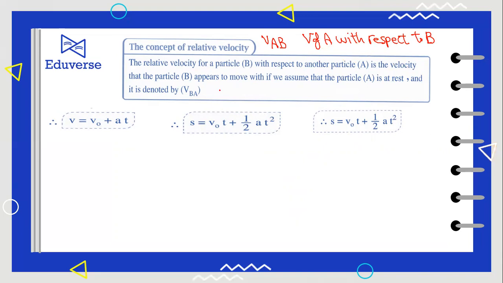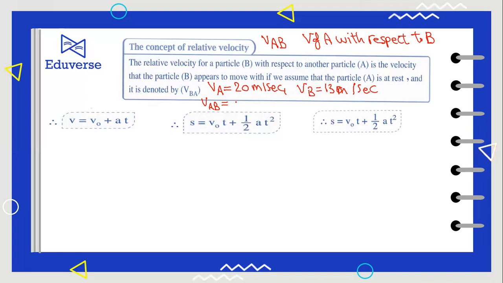Like the two bodies A and B, for example, the velocity of A equals 20 meter per second, and the velocity of body B is 13 meter per second. I want to find the velocity V_AB. If the two bodies are moving in the same direction, then they have the same sign.